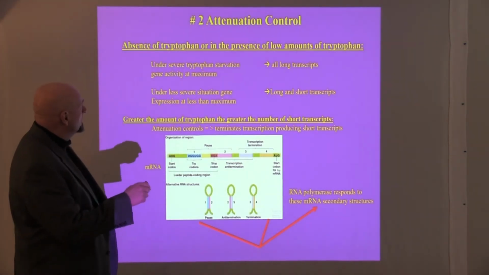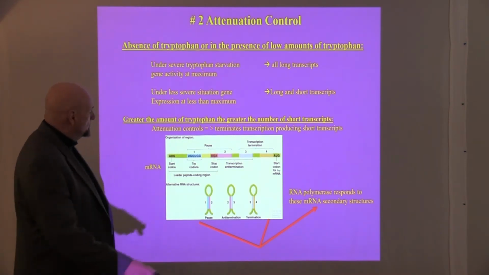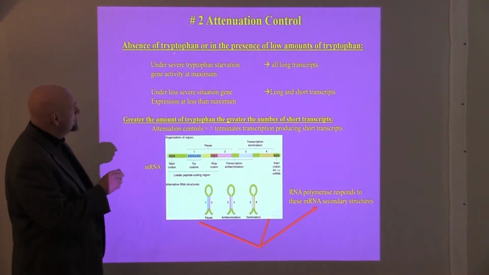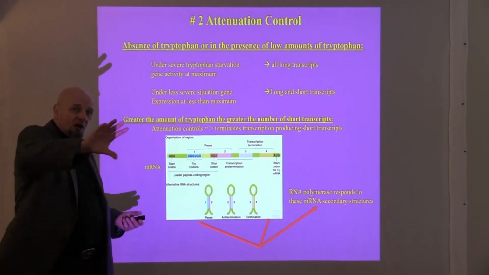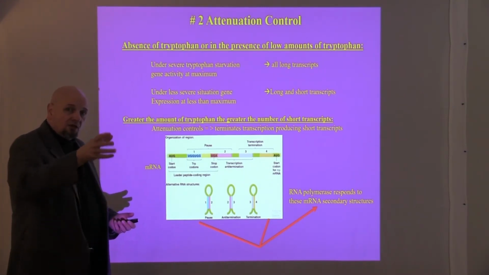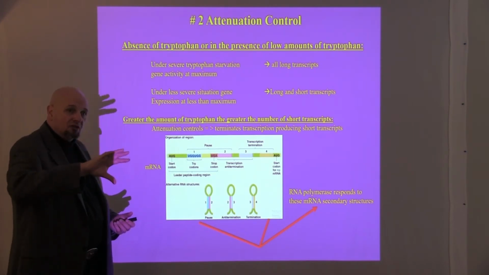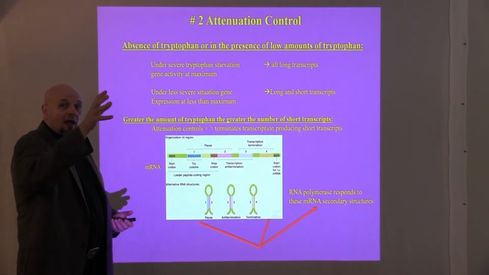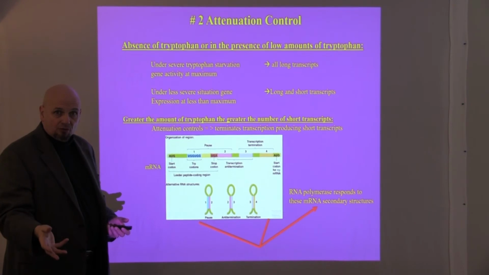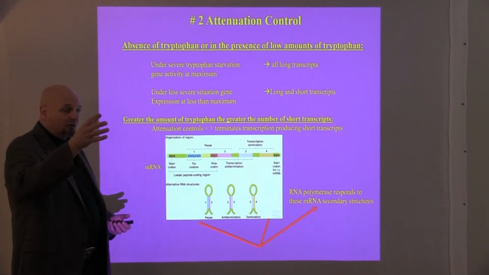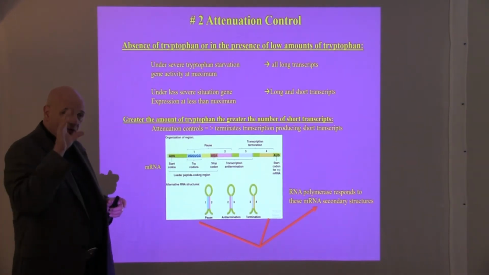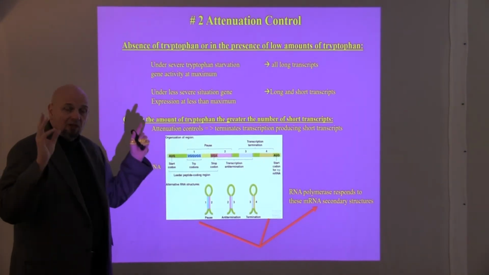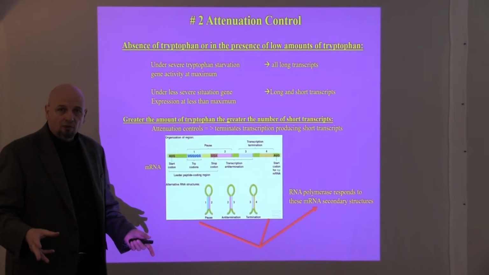All right, so in the attenuation control, we have a situation of absence of tryptophan or the presence of a low amount of tryptophan. This is going to be the volume control here. If there's not enough tryptophan, this system's going to turn on to allow more tryptophan to be produced. If there is enough tryptophan, then the first method of repression, where the tryptophan binds to the repressor and blocks the whole thing, will be the major point of repression.